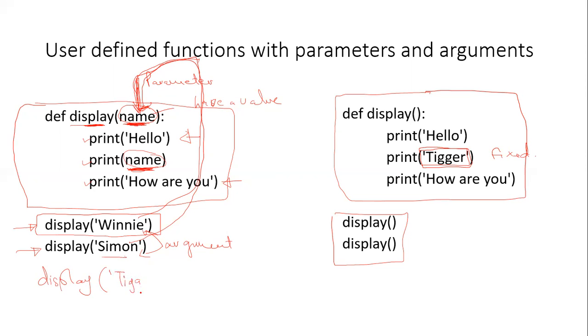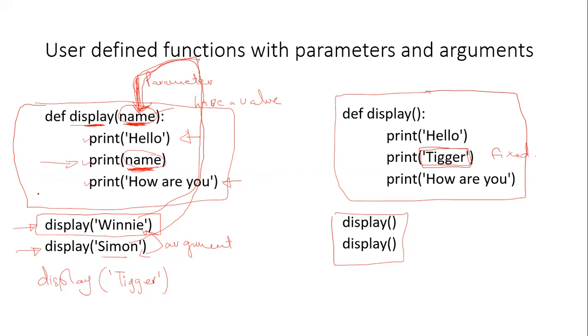In this case, let's call it Tigger. So this time around, Tigger gets displayed. Whatever value you put as your argument is then assigned to the parameter name, and that gets printed at this line here.